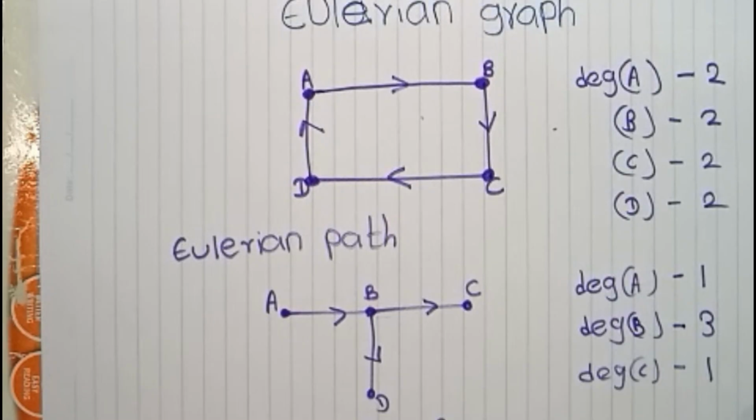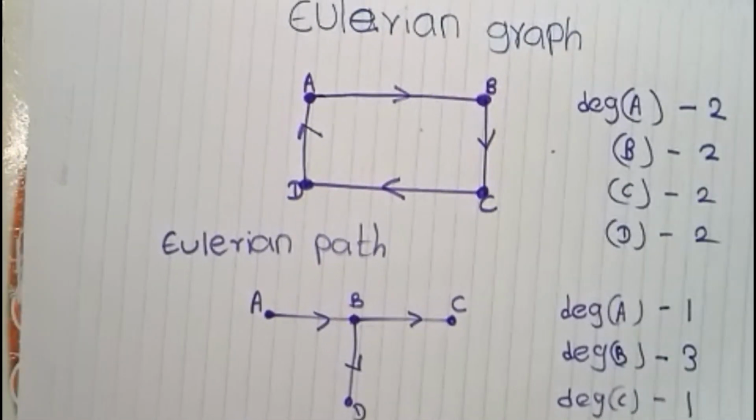So let's see an example for a non-Eulerian graph.